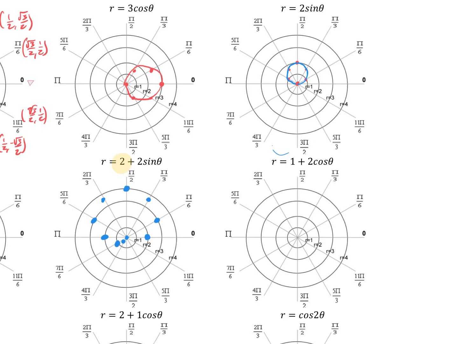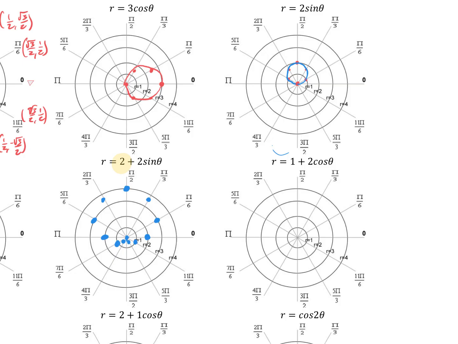Negative 1.7 plus 2 is 0.3, something down here. And we're almost there. Looking over here, 11 pi over 6. Well, the sine there is negative 1/2. Negative 1/2 times 2 is negative 1. Negative 1 plus 2 is a positive 1. So we're going to be out at positive 1.